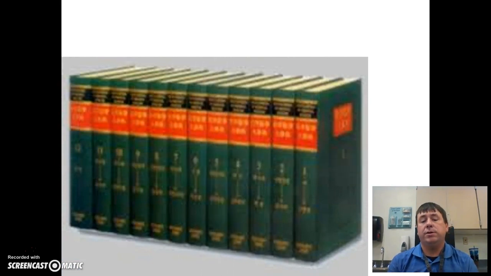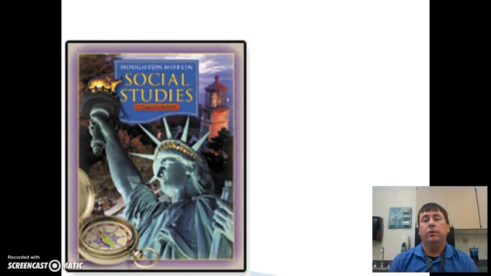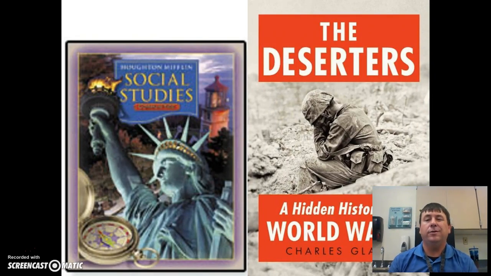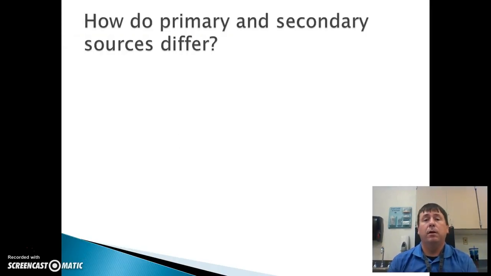You have encyclopedias, secondary sources. Your textbooks, secondary sources. And this one here, you'd have to research a little bit more. It's a hidden history of World War II by Charles Glass. This could be either a primary or a secondary source, but we need to research it further because he could have actually been in World War II, or he could have researched it and written about it. So you'd have to go more in depth on that one.